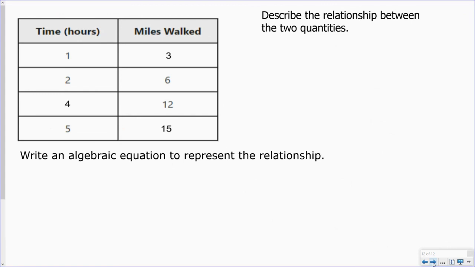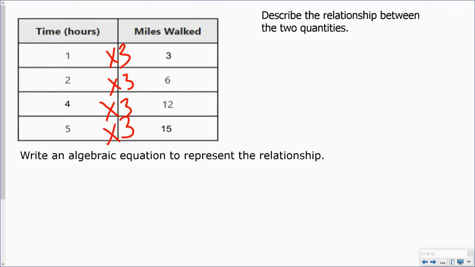Describe the relationship between the two quantities. So again, my first column here is a 1, then I go to a 3. So I'm multiplying by 3. 2 to 6, multiplying by 3. 4 to 12, multiplying by 3. 5 to 15, multiplying by 3.